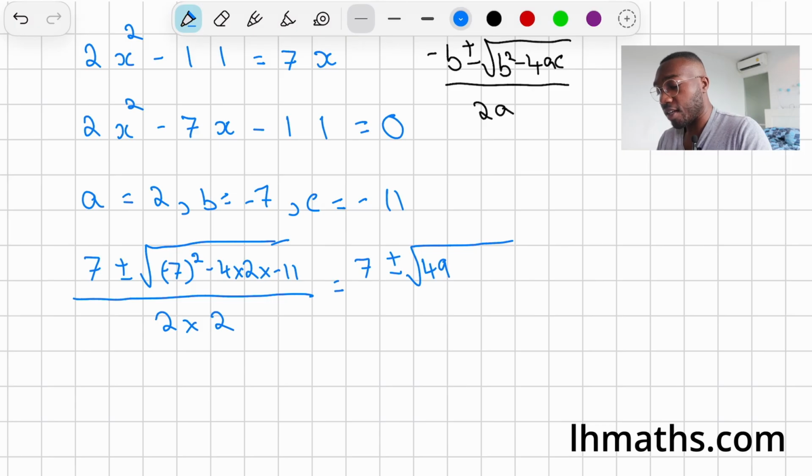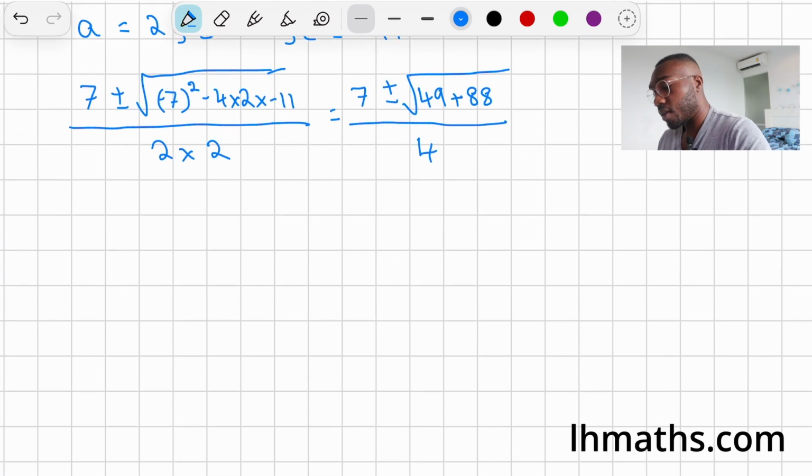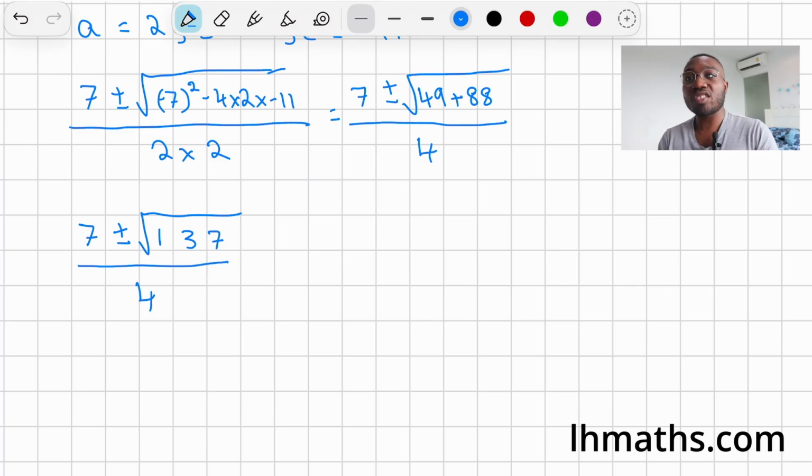And then minus 8 times minus 11, that is a positive 88. And that is over 4. Okay, let's scroll up. So now, if we work this out, we get 7 plus or minus the square root of 49 plus 88. So that will be 137 over 4.